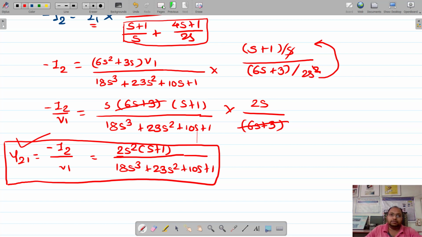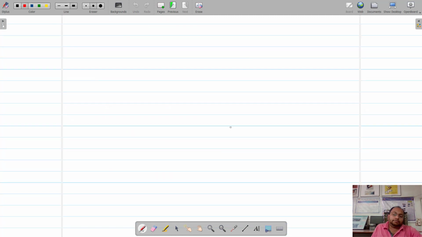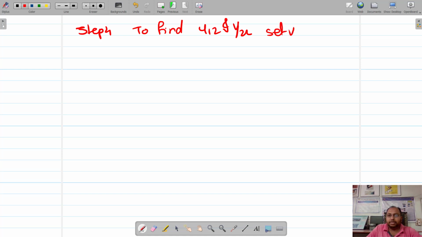Let us go to the next page. Yes, okay. So step number 4 is to find y12 and y22: set V1 equal to 0, right? Okay, so therefore over here, now this is going to become, what was this? This was nothing but 2 plus 3s, I think. Yes, was it?